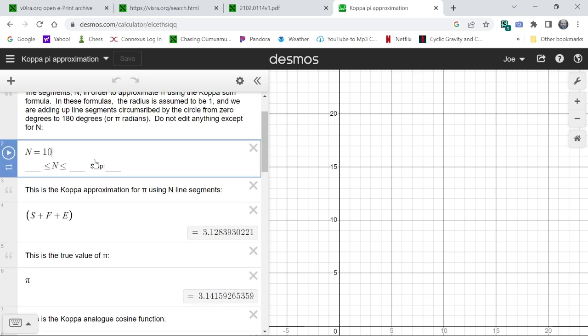So here, the only thing you want to change on this page is the number of line segments for the approximation. And as I add line segments, the approximation becomes better and better, and it can be done to any degree of accuracy you would like.